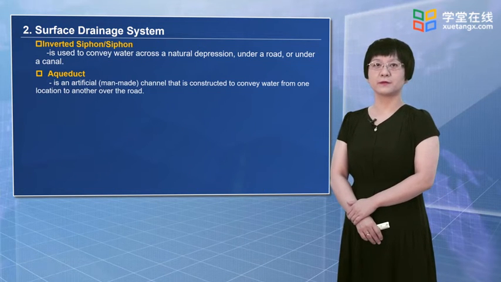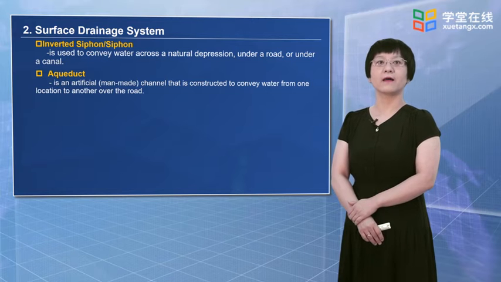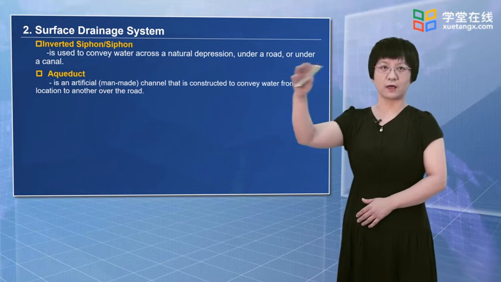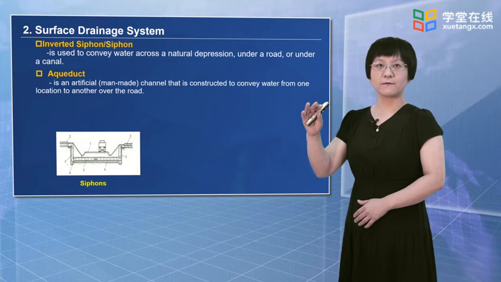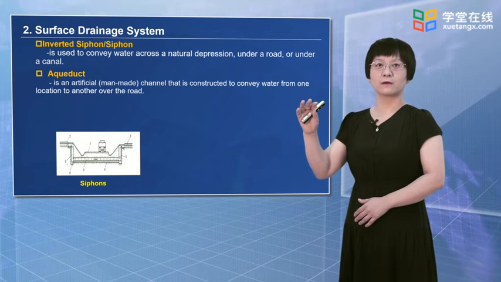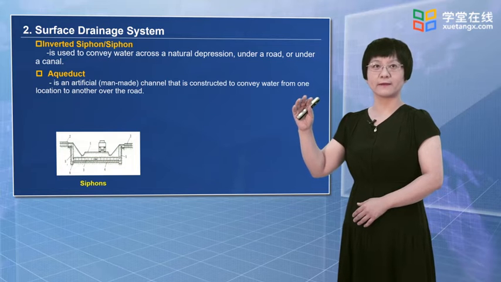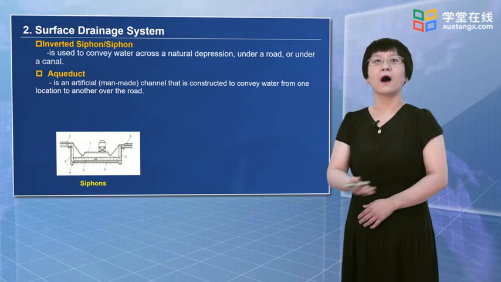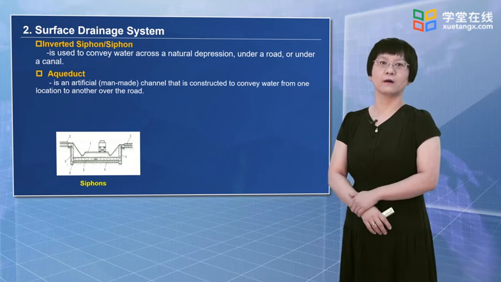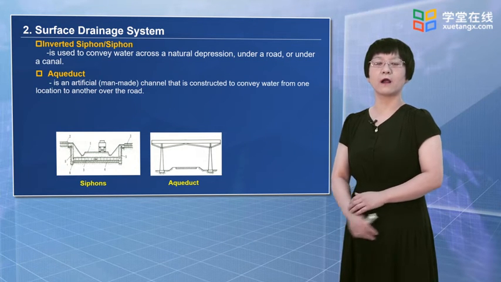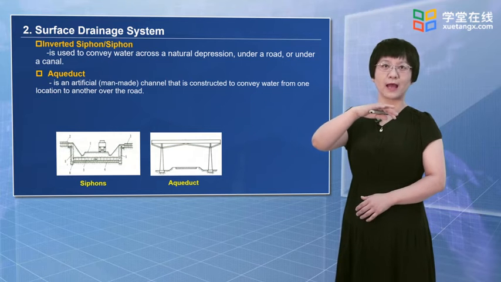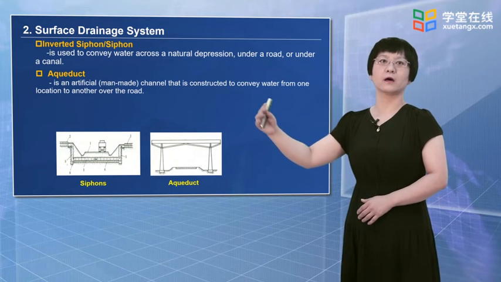We also use inverted siphon and aqueduct to convey water across the subgrade. Inverted siphons are used to convey water across a natural depression under a road or under a canal. Aqueduct is a channel that is constructed to convey water from one location to another location over the road.